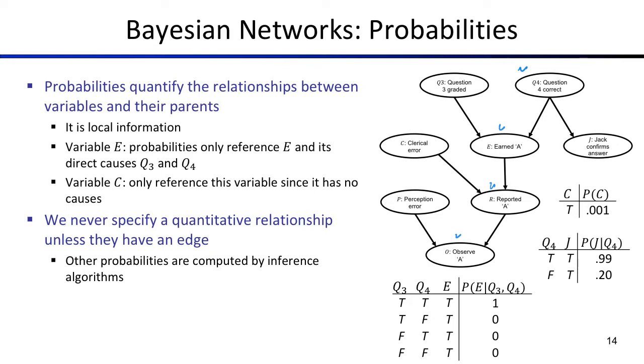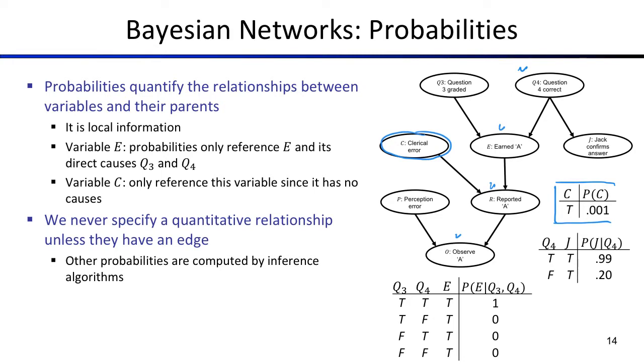So for instance, we may have a node that has no parent. So this is one example, the clerical error. So the variable C, the probability that is associated with that node is this one. And we are saying that in this example, the variables are only binary, so they are only true or false.